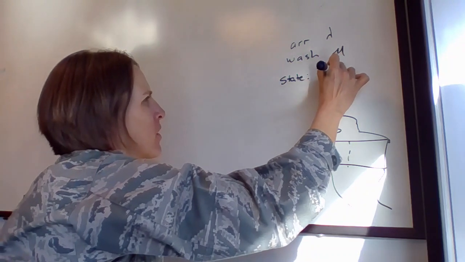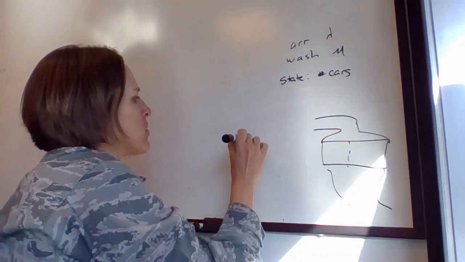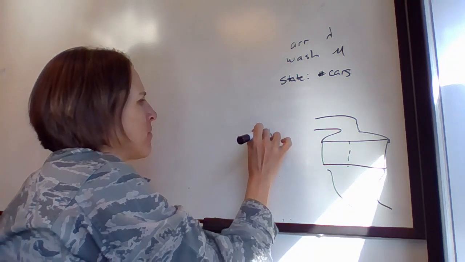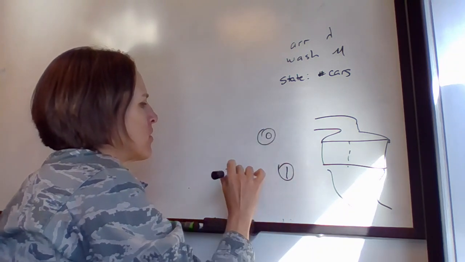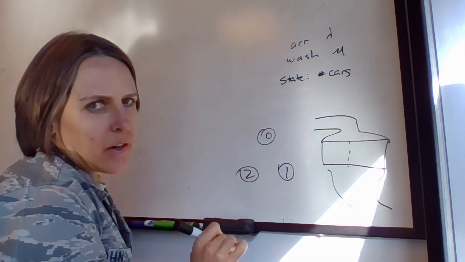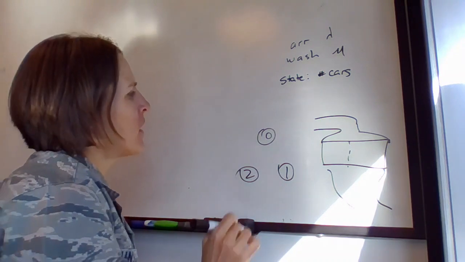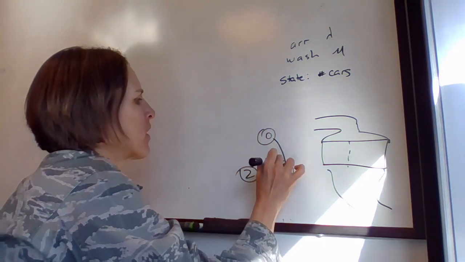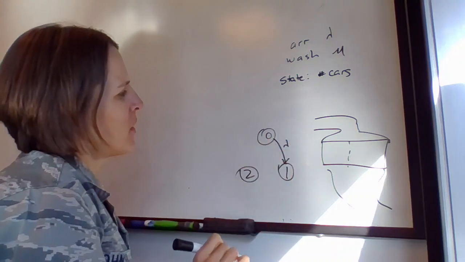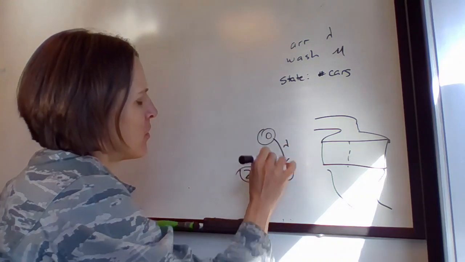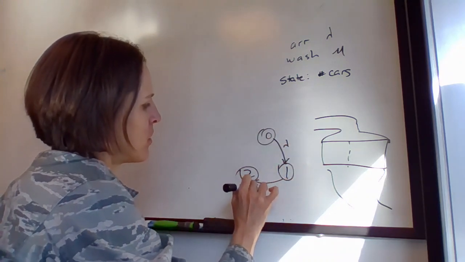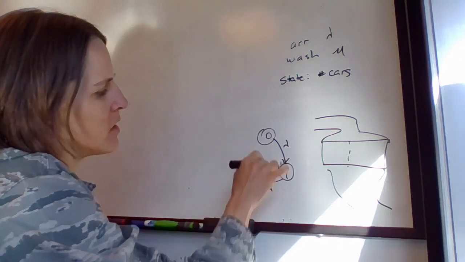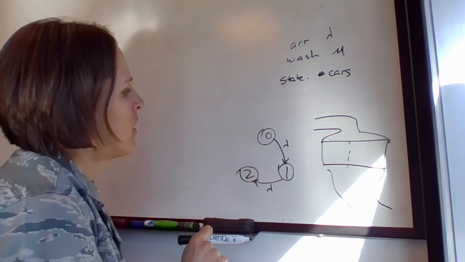A little bit different model here, okay? So we're still going to have a similar looking state diagram. But when we put in our rates, they're arriving at rate lambda. So it can go from 0 to 1 and 1 to 2 with arrival rate lambda, since that's the number of cars in the car wash.